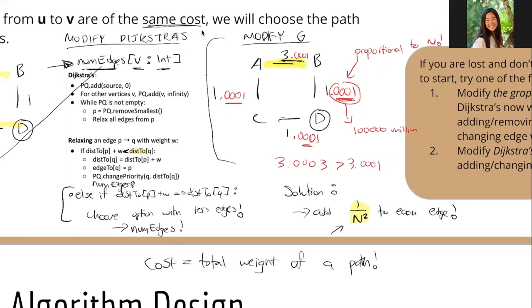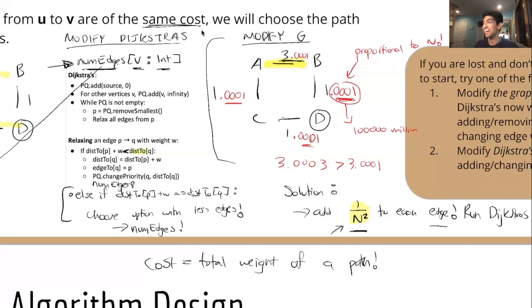Are you calculating costs along the way, or are you pre-calculating costs and then running the algorithm to determine which path to pick? Okay. So in the beginning, we add 1 over n squared to each edge. Okay. So now all of the edge weights have changed, and all we do now is just run Dijkstra's. Got it. And then beautifully it'll work. Yeah, that makes sense. I was like, if we're predetermining the cost for each iteration, that's going to increase the runtime by a lot, but that makes a lot of sense. Thank you. Yeah. Good clarification.